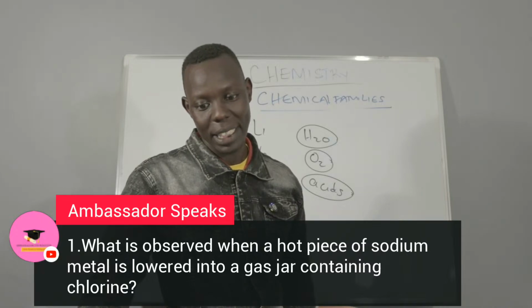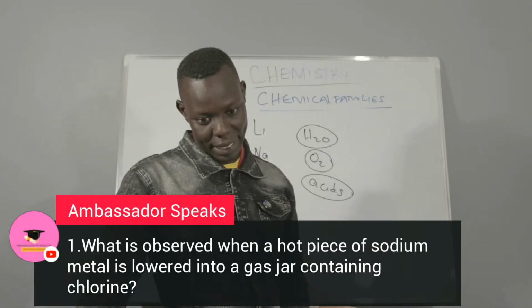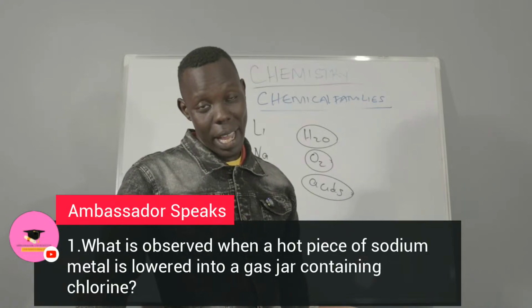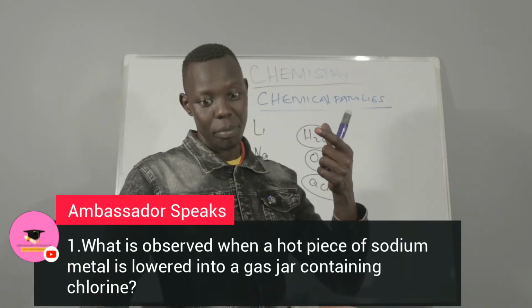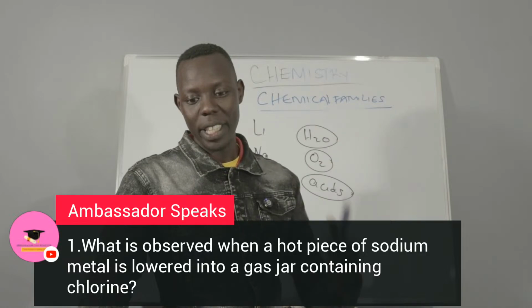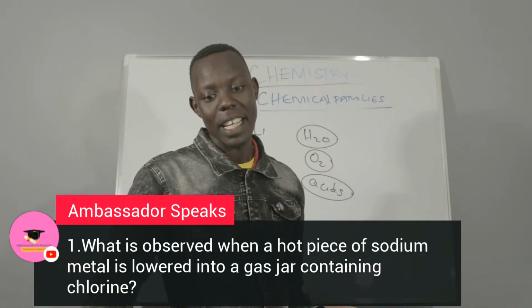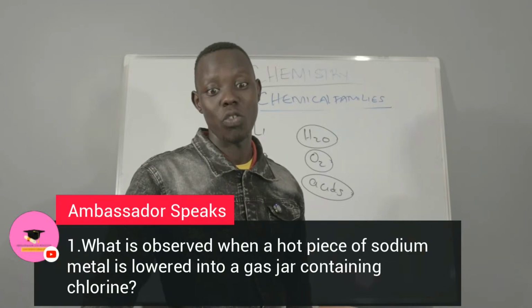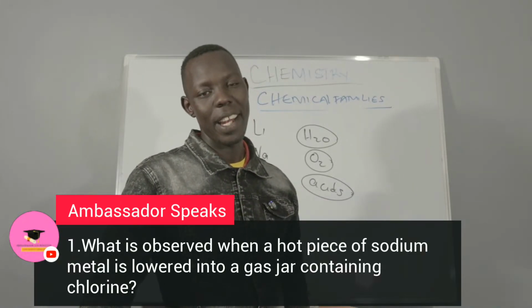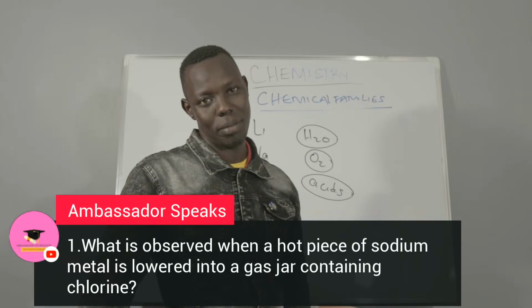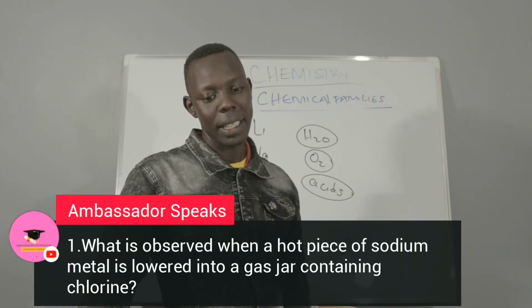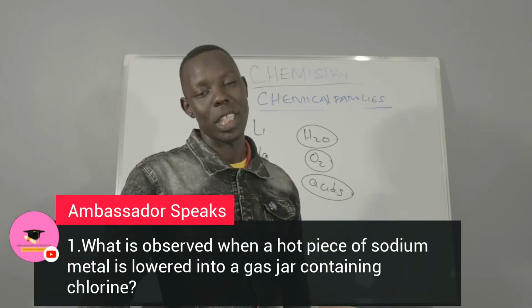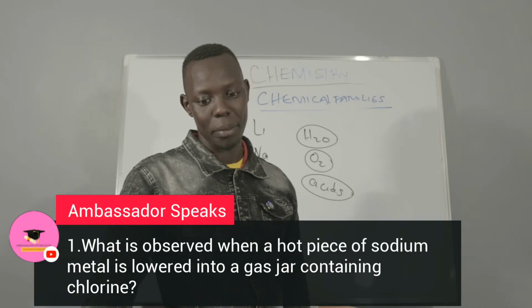That's not what we are asking. We are asking, how does it react? When a hot sodium is lowered into a gas jar containing chlorine gas, it burns with flames. Then later on, white deposits form, and these deposits are sodium chloride. They are always white in color.